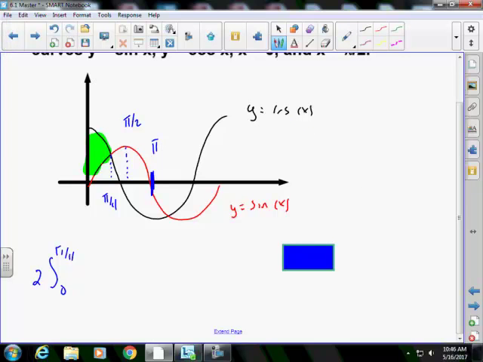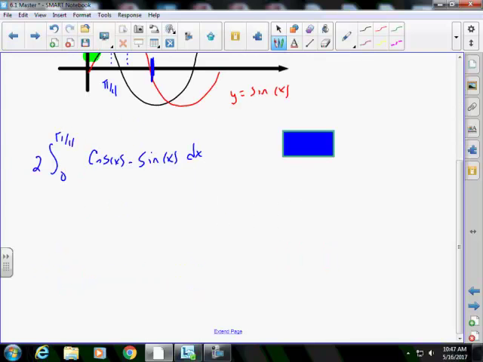And then I could just say my top function is cosine of x, subtract from it sine of x dx. Or, if I don't see that, I could just go from 0 to pi over 4 of cosine of x minus the sine of x dx, and add to that from pi over 4 to pi over 2.